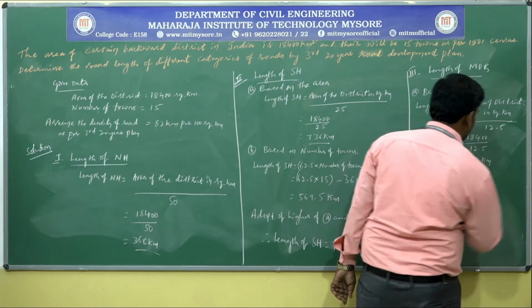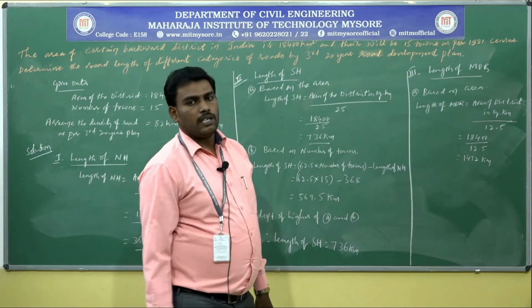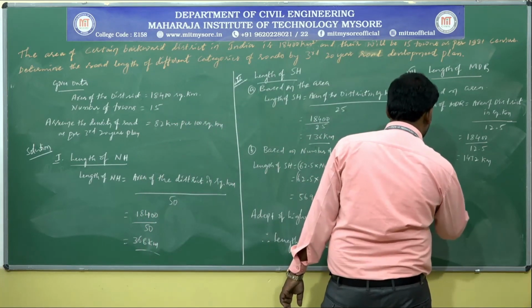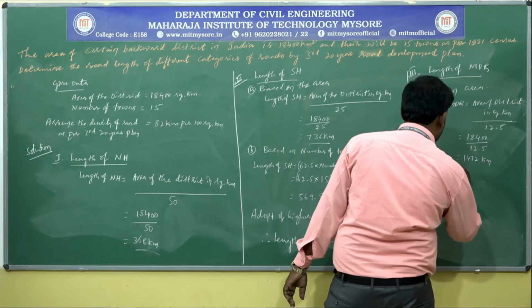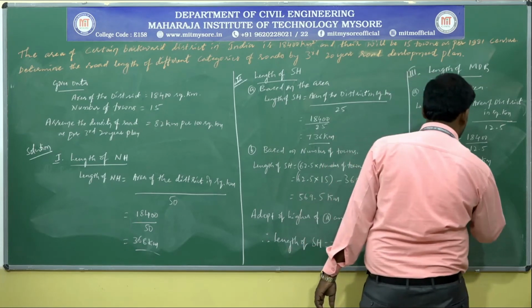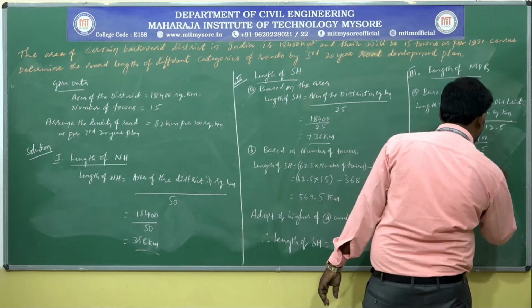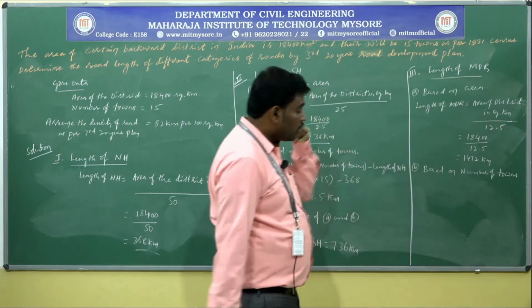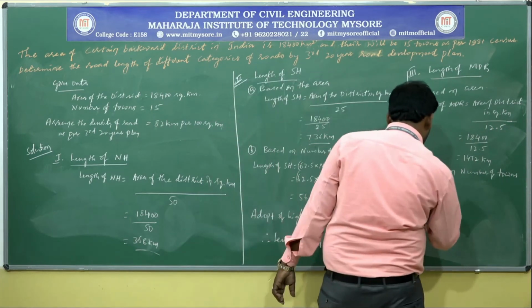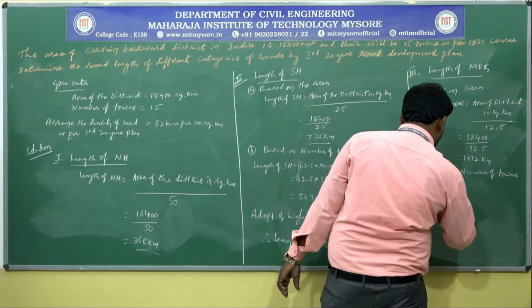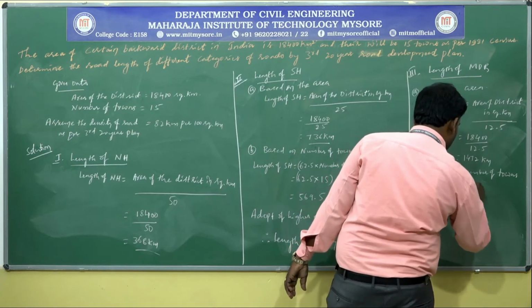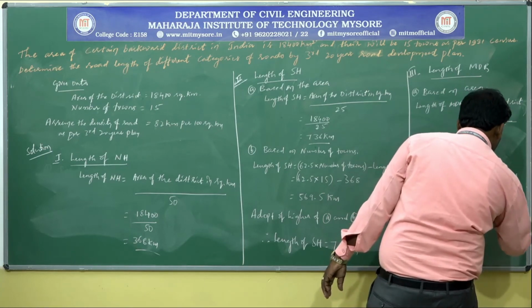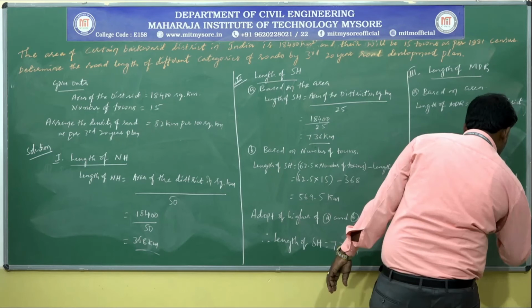And number B, based on number of towns: length of MDR is equal to 90 into number of towns.